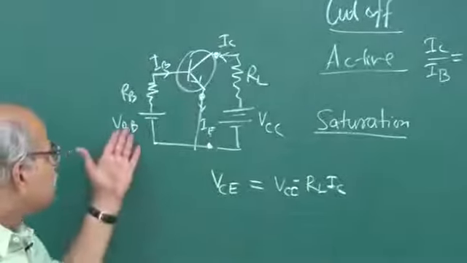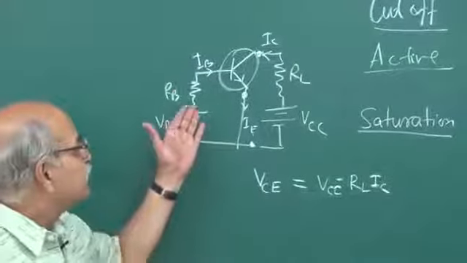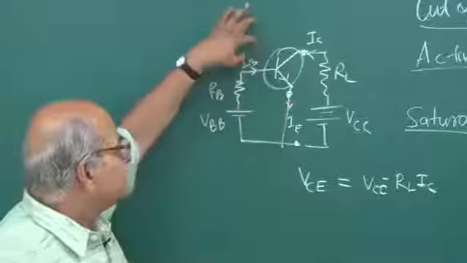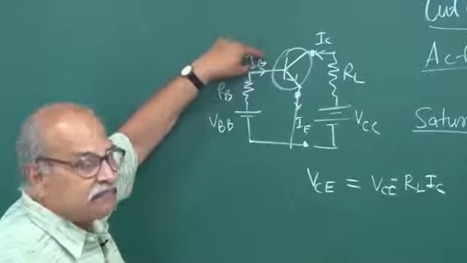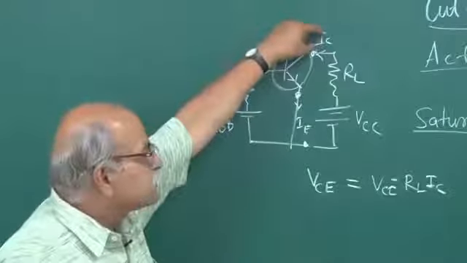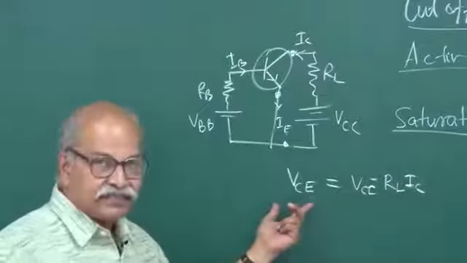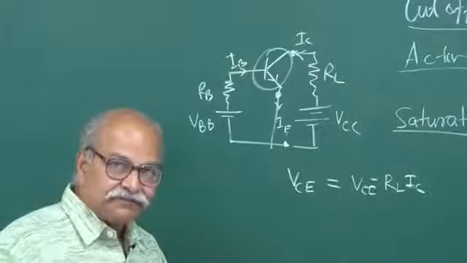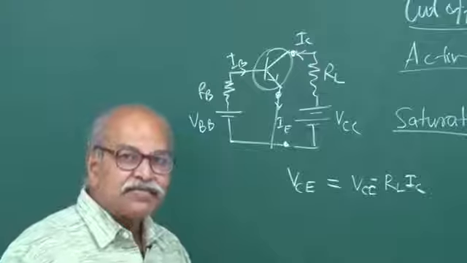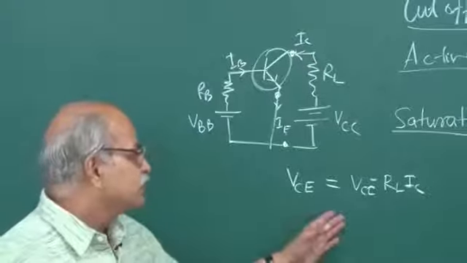But what happens if I increase this VBE, if I increase this IB? If IB is increased, IC is increased, and if IC is increased, then VCE is decreased. So, that reverse bias voltage decreases, okay?